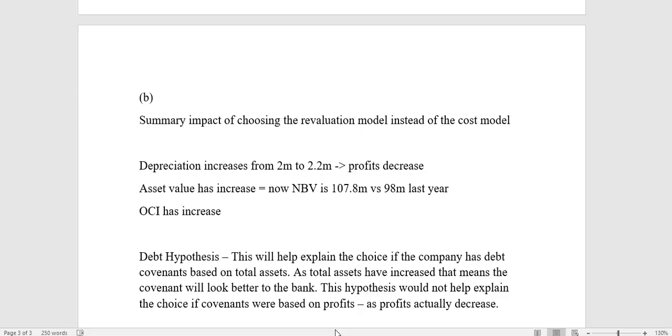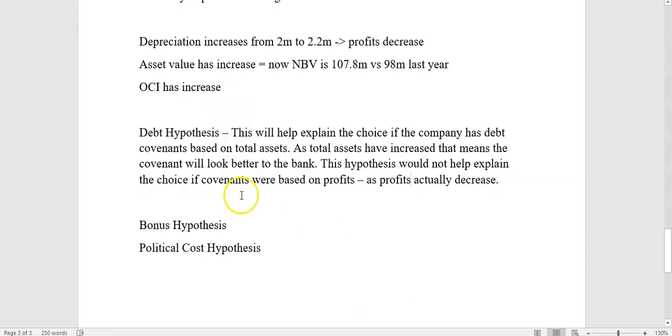So if there's a debt condition on interest cover, this debt hypothesis would not explain why a company would choose the revaluation model over the cost model, because you're actually decreasing your profits, which would make your debt covenant look worse.